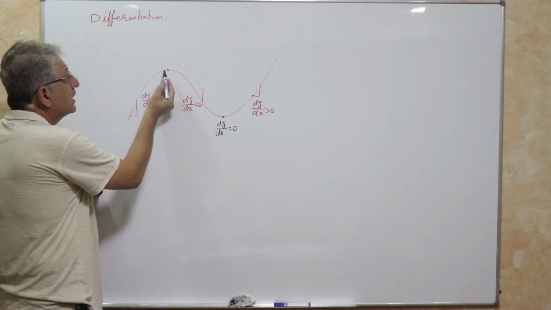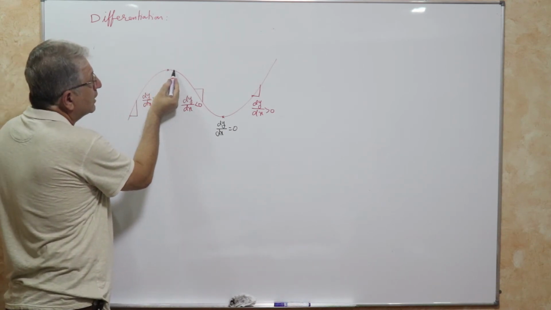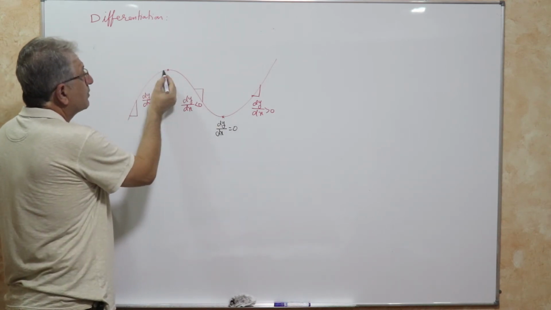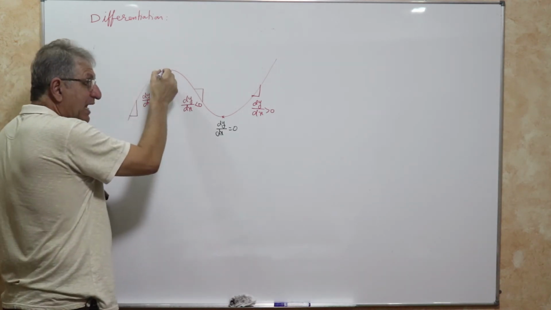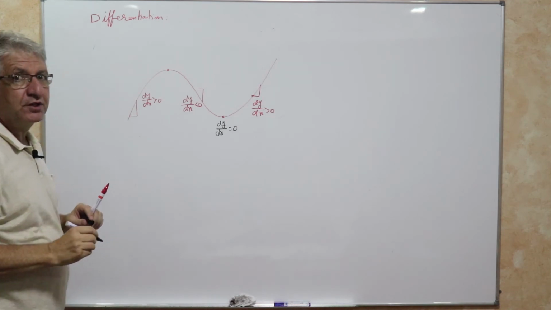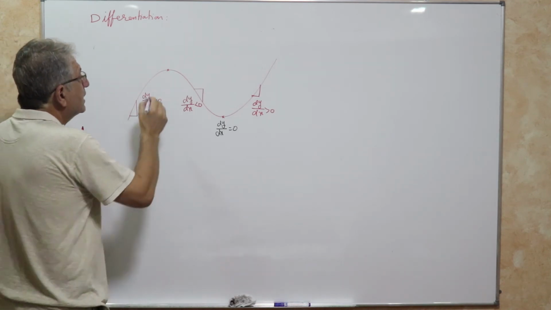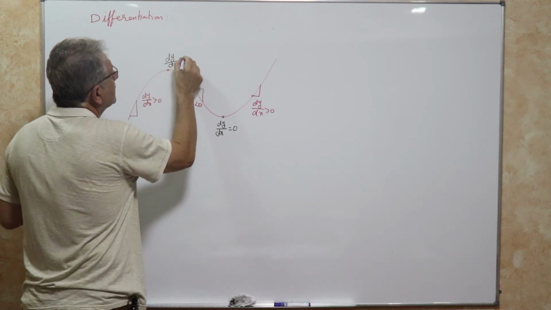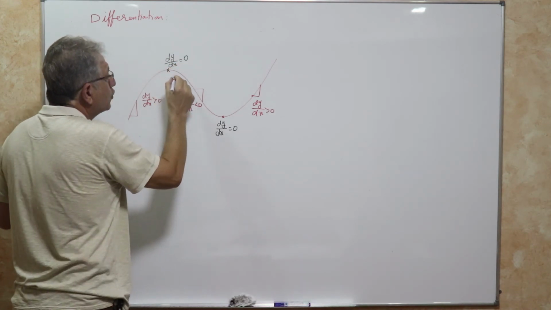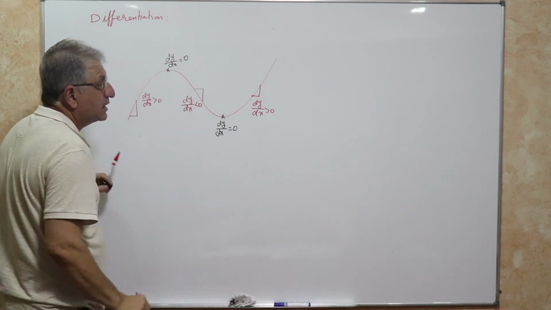The same thing happens here. If you put it somewhere here, it falls this way. If you put it somewhere here, it falls this way. But if you put it exactly on the top, it doesn't move. That means here also dy by dx is 0. Therefore, at these 2 points, dy by dx is 0.